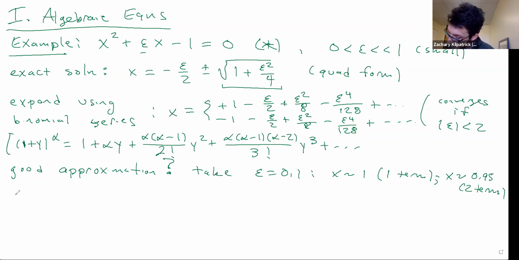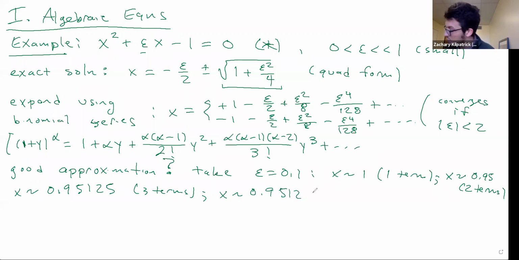Now this is where it gets interesting: x is approximately 0.95125 if I take three terms. And let's just go out to four terms. x is approximately 0.951249. That's if I just take four terms.